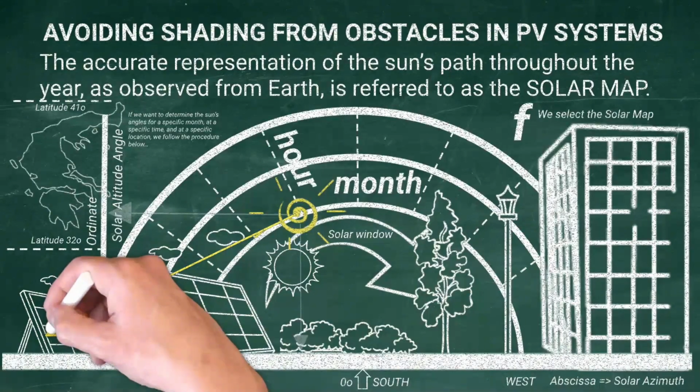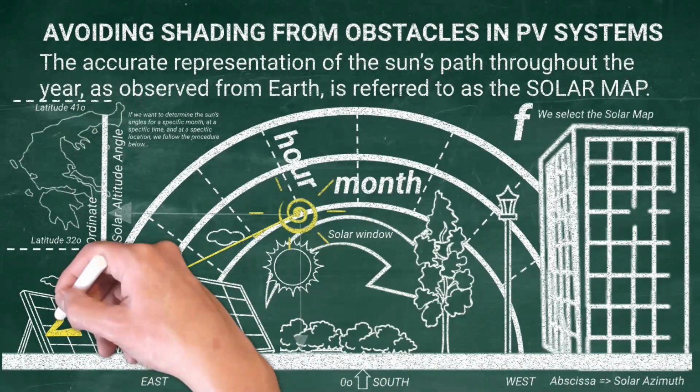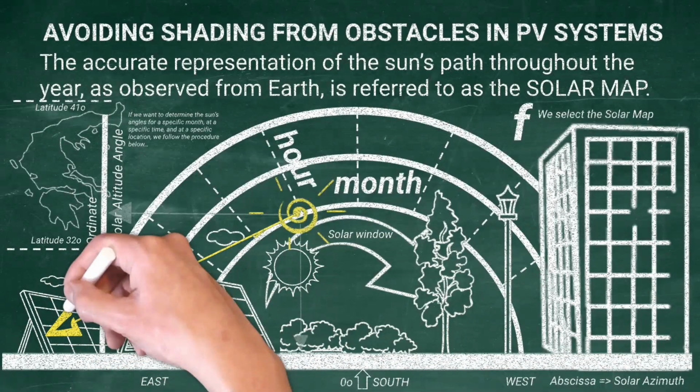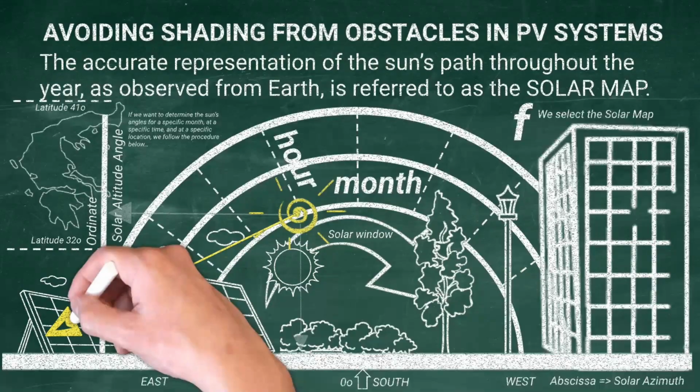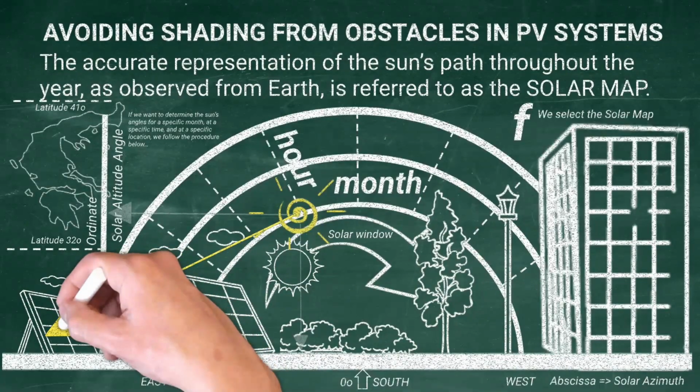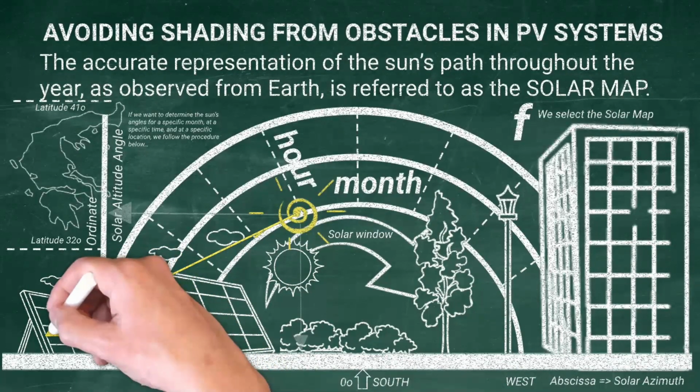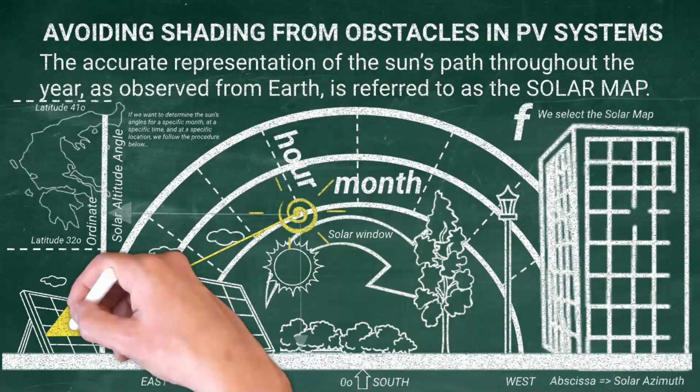By knowing the sun's altitude angle and its azimuth relative to the south, we can place the sun at the correct point. For the hours within the solar window, carefully draw a line that corresponds to the direction of the sun's rays, and observe how the shadow of each obstacle is cast.